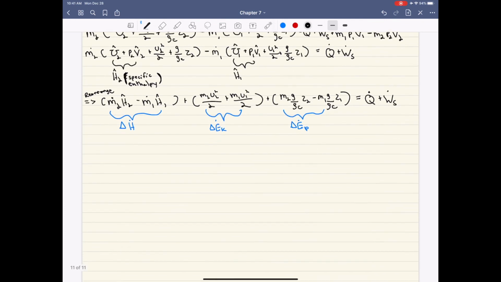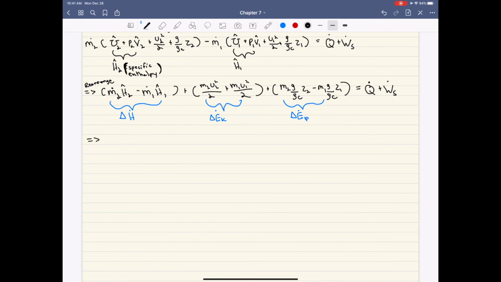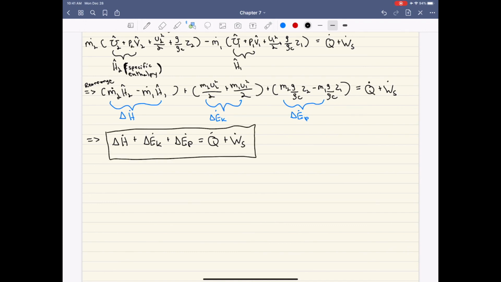So when I rewrite this equation, my energy balance for an open system is just delta H plus delta EK plus delta EP equals Q dot plus shaft work. All that work just to get this very simple and elegant equation. What we derived here is the energy balance for an open system.